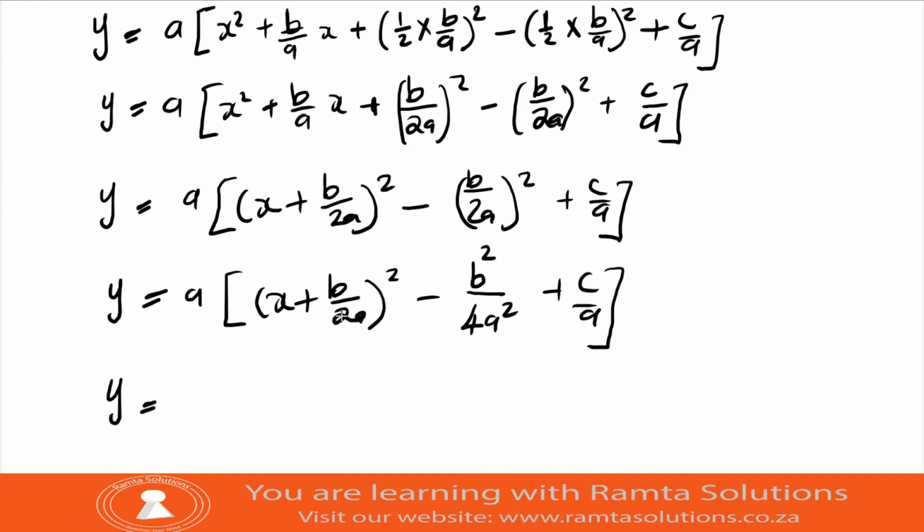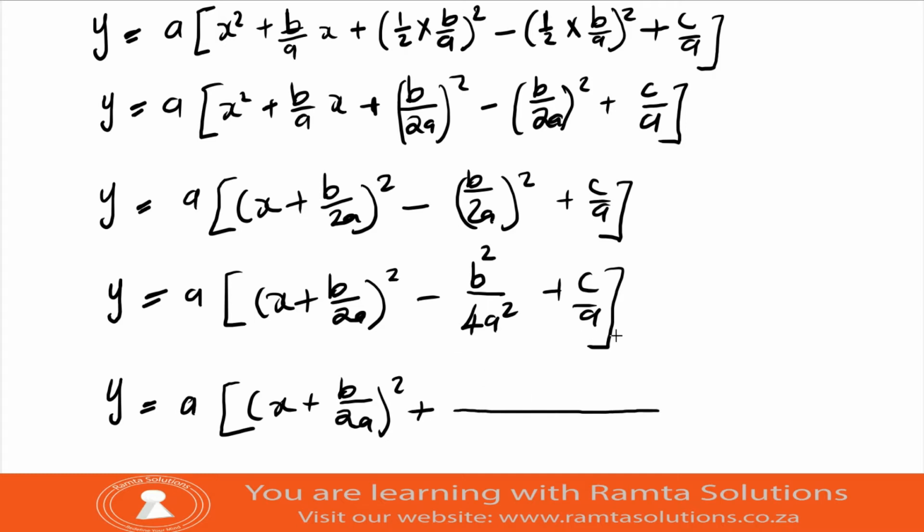We need to simplify this. So we have a into x plus b over 2a all squared. Now I want to write this in this way, plus the lowest common denominator here is 4a squared, so I get 4ac minus b squared, close.